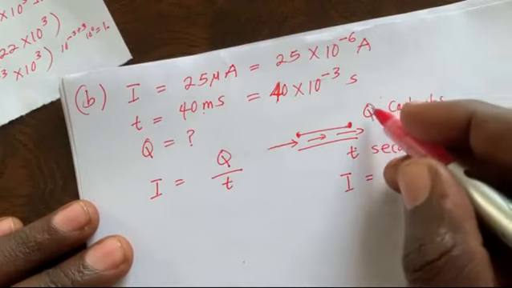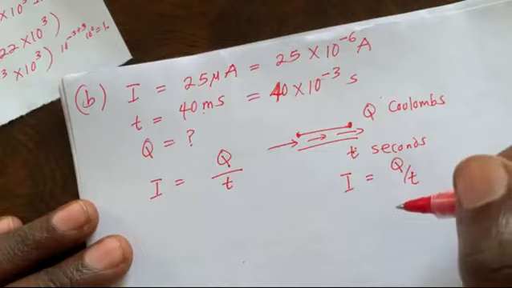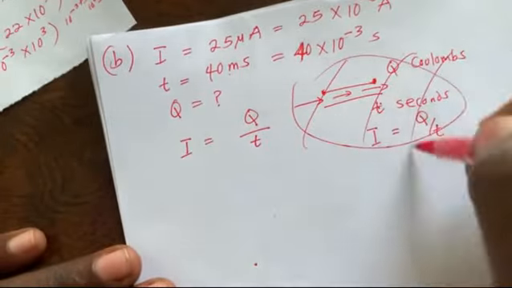So you divide the charge by the time it takes to pass, and that gives you the electric current.